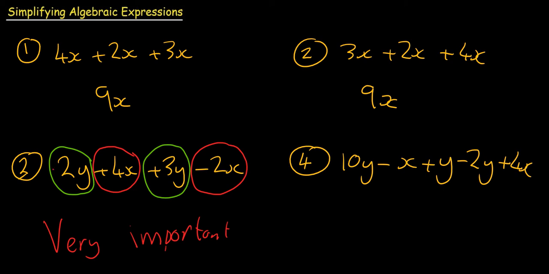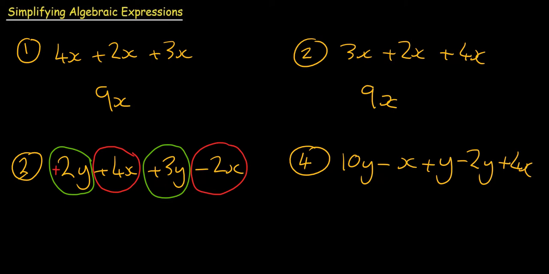So we haven't put a sign in here. That is the same as positive. This positive here is associated with the term to the right, which is the 4x. This positive sign here is associated with the term to the right, which is the 3x, and so on. That is a very important misconception which many students make.